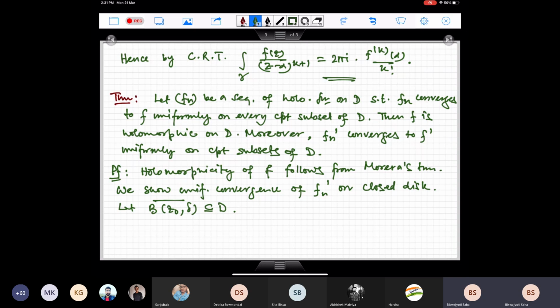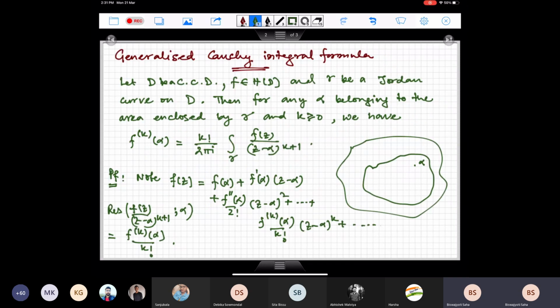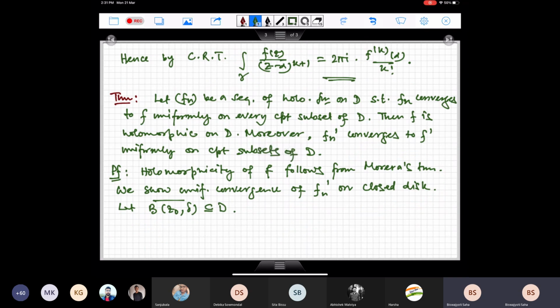So the best thing is to express your derivative in terms of your original function. Just now we saw a way of doing this, by means of the Cauchy integral formula or generalized Cauchy integral formula. You see, here I have the derivative, but inside the integral I have the actual function. So we are going to use that. Let's see how we can do that.